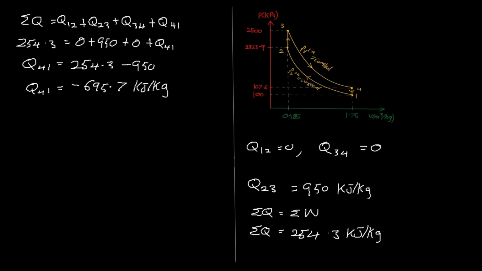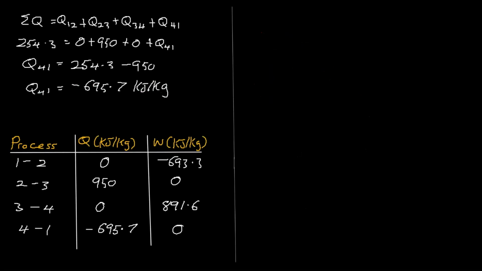Finally, to calculate the change of internal energy in each process, we use the energy balance equation. For process 1 to 2, Q12 minus W12 equals U2 minus U1, which is the change in internal energy.